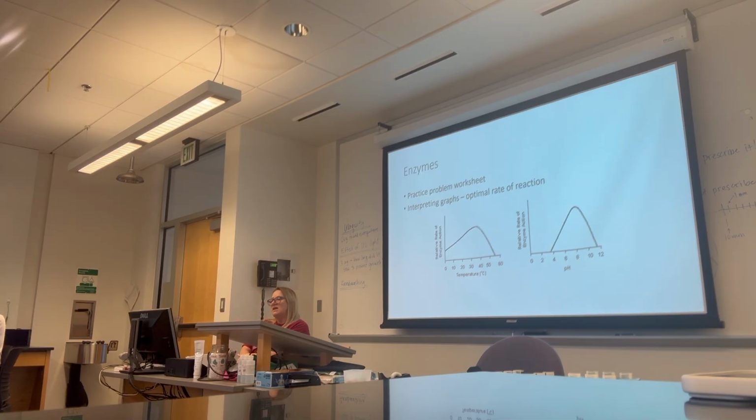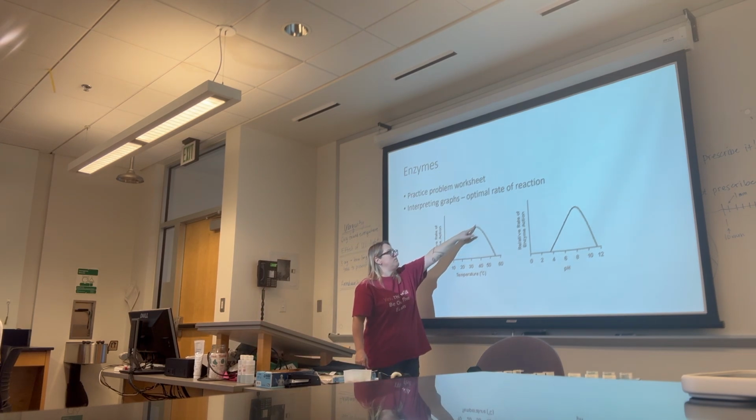Okay, so the enzymes, check out that practice problem worksheet because it gets at the basics of what you need. When you're interpreting the graphs, if I ask for optimal, I'm talking about the peak.